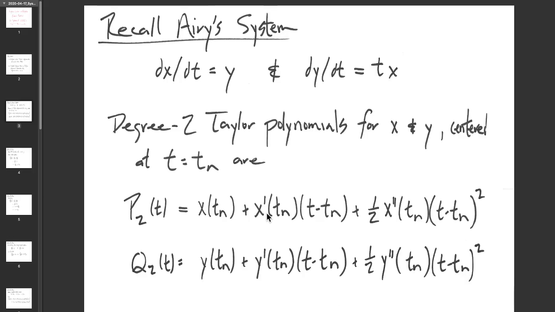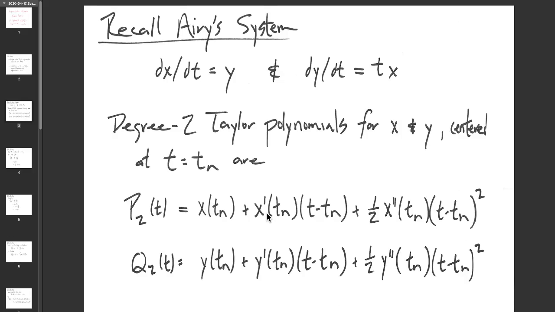What we want to do now, though, is try to kick it up a notch by, instead of using first degree Taylor polynomials, use higher degree Taylor polynomials in making the projections forward for each step.